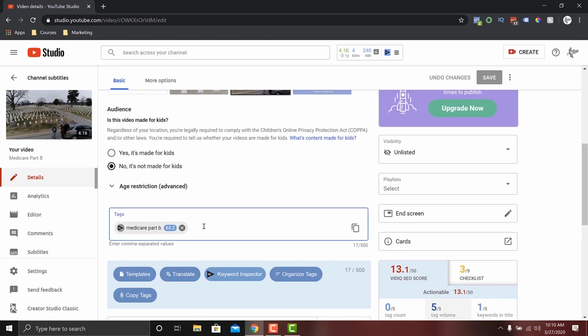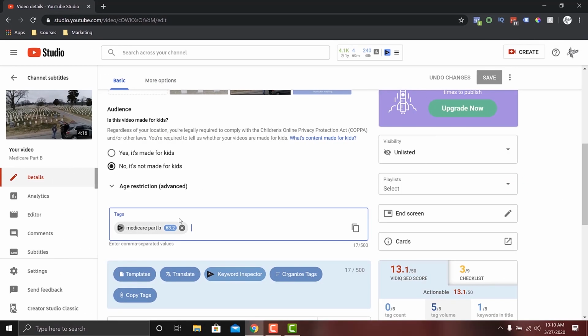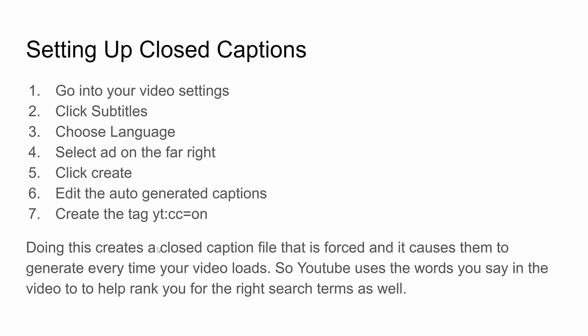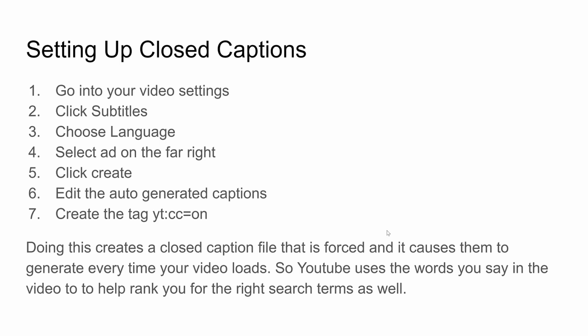And then we're just going to type in this tag over here, YT:CC equals on. And then press tab. And that right there is what does this. It forces the captions, and then all of what I just said earlier happens, and you get better ranking and better indexing because of that.